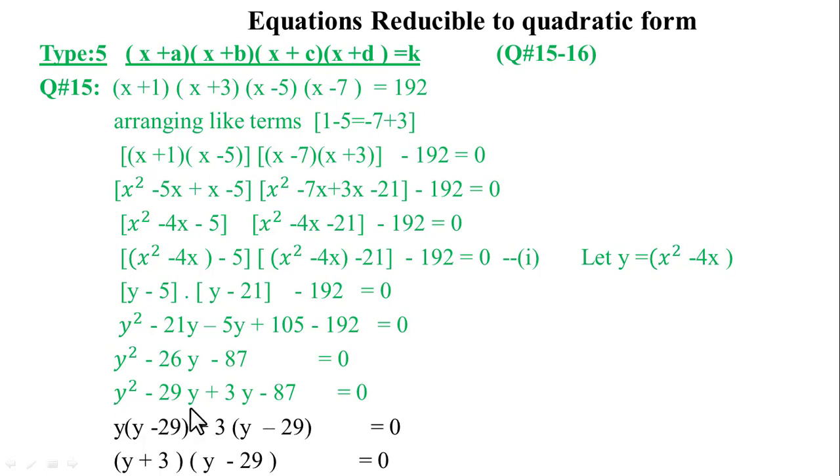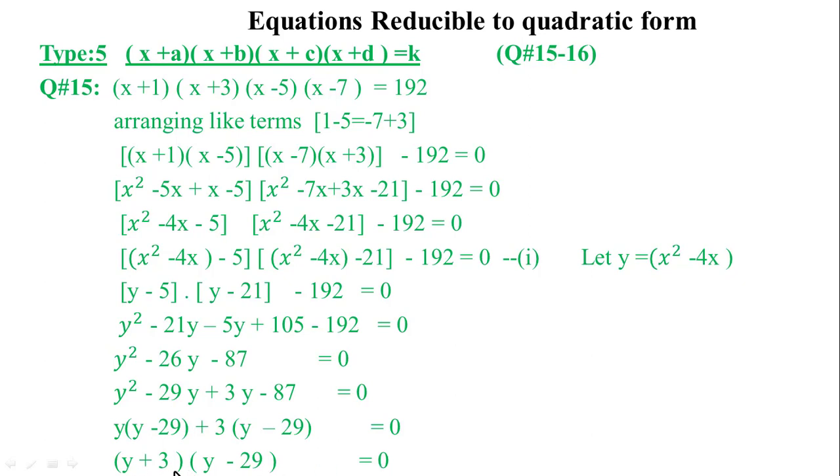Taking common in the first two terms y and in the second two terms 3. So y into y minus 29 plus 3 into y minus 29 is equal to 0. So we have two factors: y plus 3 into y minus 29 is equal to 0.